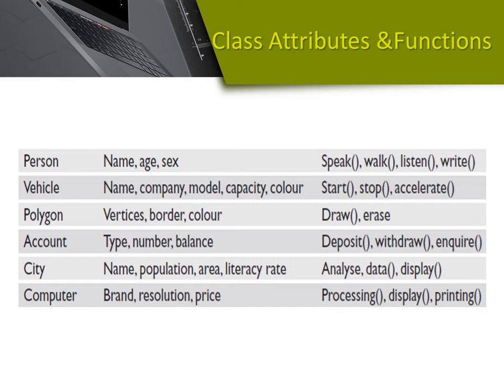A class account, for example, can have variables like type of the account, account number and available balance, and it can perform operations like withdraw, deposit, inquiry, etc. Similarly, a class for computer can have variables like brand of the computer, resolution of the computer, price of the computer, etc. And it can have functions like processing, displaying the information, printing the information, and so on.